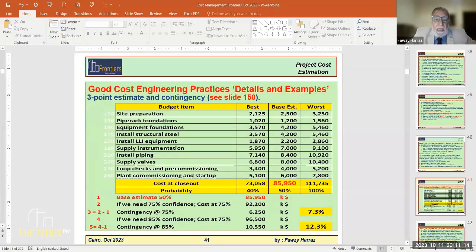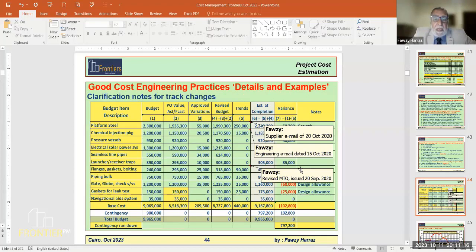This table here actually is tracking changes. If you see here, there are figures with some notes on the cells, so that, I mean, okay, the first item, say a trend of 250. Where does this come from? He says supplier email dated blah blah blah. The information implied that there will be a cost increase of that thing.